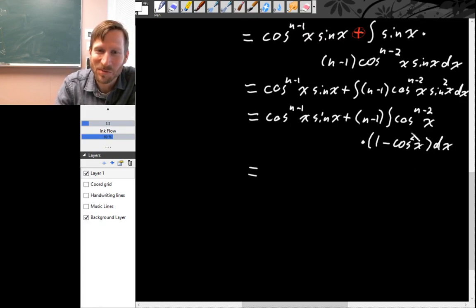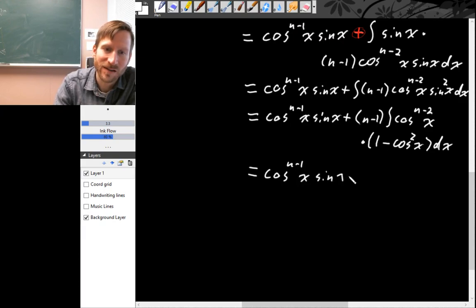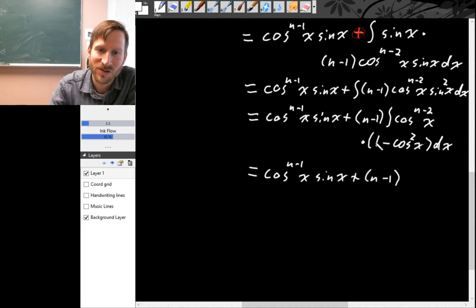when we multiply out the stuff in this integral, we get two integrals. So cosine to the n minus first of x times sine of x plus n minus 1 times, so this first integral is cosine to the n minus 2 times this 1 here, so that gives us integral cosine to the n minus 2 of x dx minus, and then the second one, we get this cosine to the n minus 2 times this cosine squared.